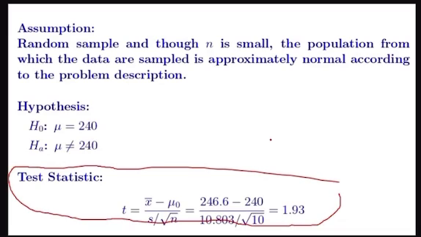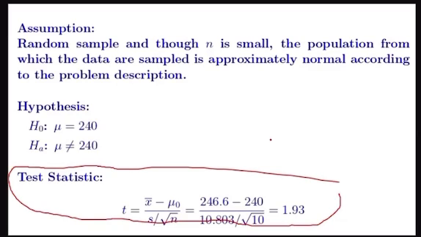Let me tell you this in the exam. There's a difference between test statistic and test statistic value. Test statistic is a formula. This is a test statistic. But the value now, the test statistic value, is 1.93.